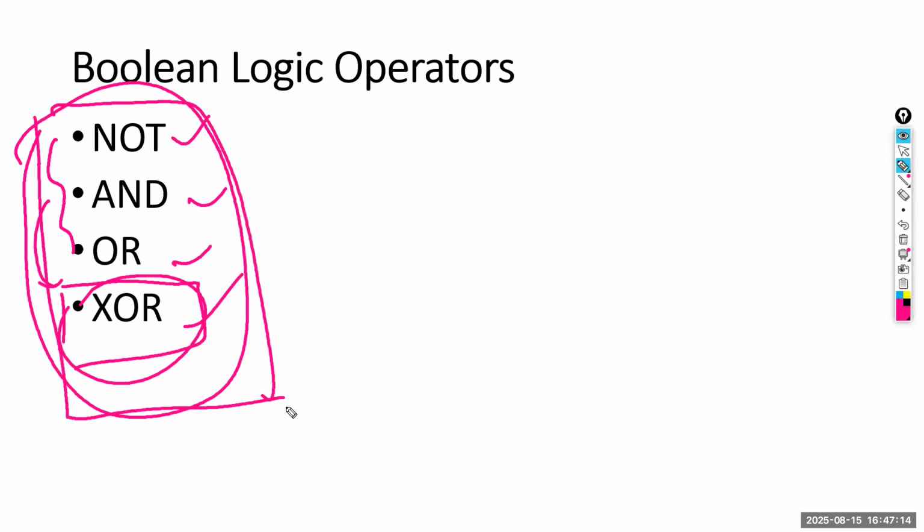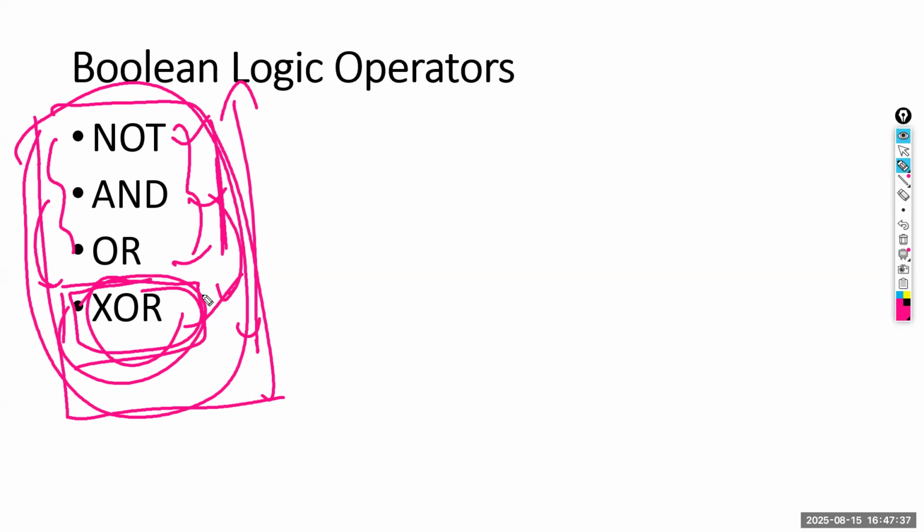If you do research and find another logic operator. These are the three basic operators, but XOR can also be taken as a basic operator because it's heavily used. But actually, XOR is not very basic because we can build it using the other three. I will show you later how XOR is made using the others.